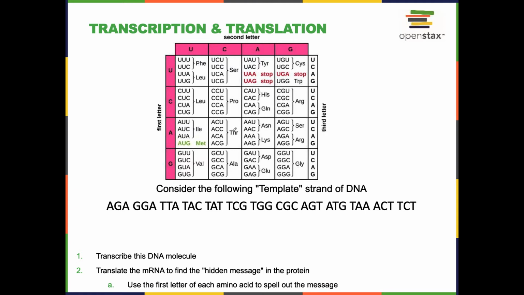When you add our amino acids, the first letter of each amino acid will spell out the message. And remember, normally we would start at our AUG, right? But for this, start at the beginning, because I didn't want to limit myself to a message that started with M. Okay, so pause it, and then I will solve it for you, right? Or if you're lazy, you can just watch me solve it, but just solve it for yourself.